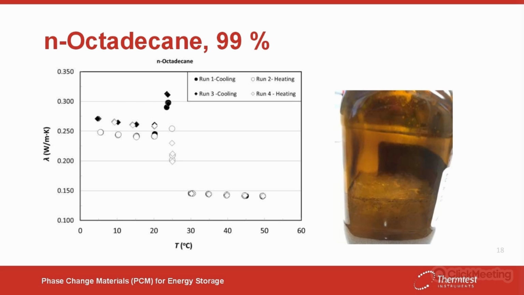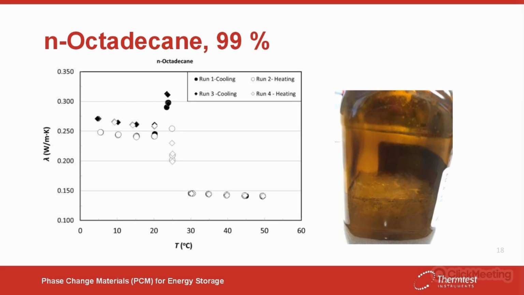In that case, the melting or cooling range is smaller than before and sharper, but still this latent heat range is very obvious, and you can understand where the melting and cooling of the sample is.